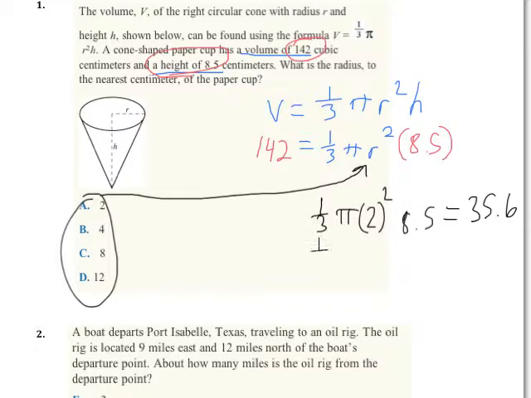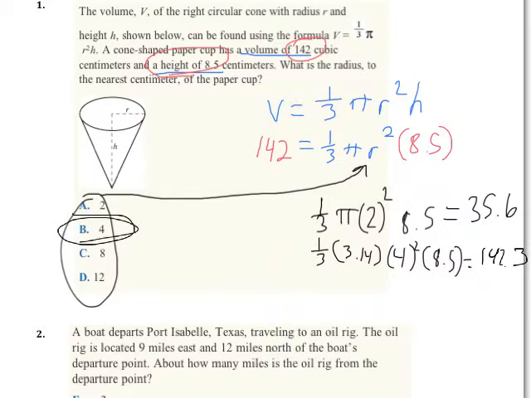I would do 1/3 times pi. By the way, I'm just using 3.14, figuring that'll probably get me close enough. Times 4 squared times 8.5. Sure enough, that gives me 142.3 or something, which is close enough, and I would go ahead and say B is our answer. Done.